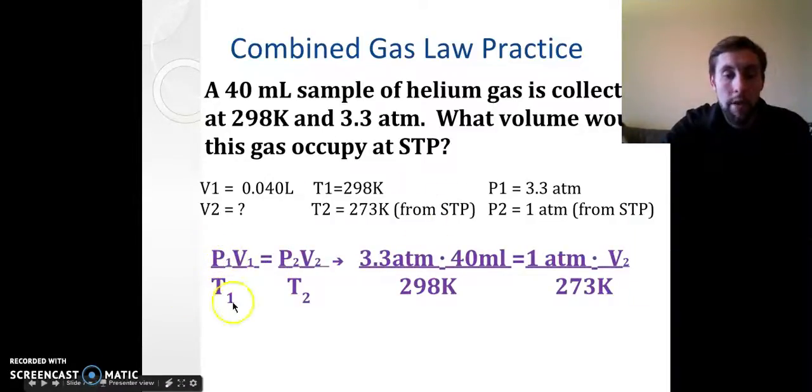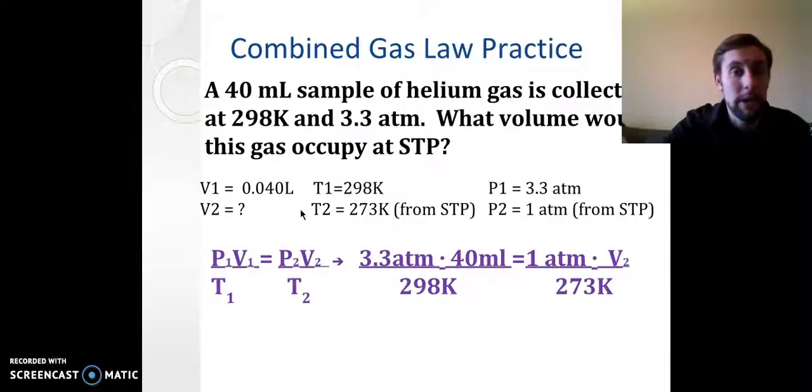So we know all of our 1s. P1, V1, and T1, we'll plug them in. P1 is 3.3 atmospheres. V1 is 40 milliliters, which would be the same as what is up here, 0.04 liters. Whatever unit we put in for pressure in the equation will be the same as we get on the other side. Same with volume: we put in liters, we get out liters.